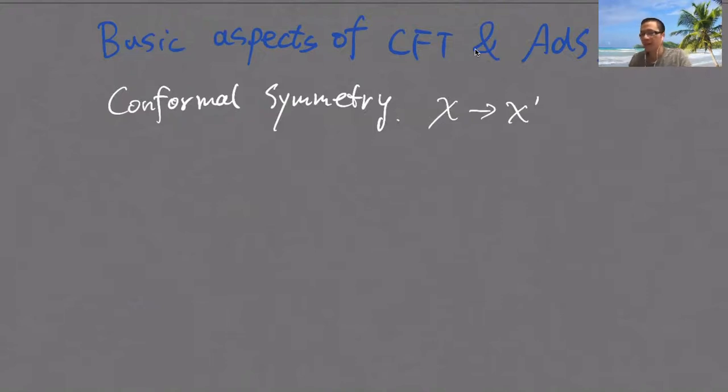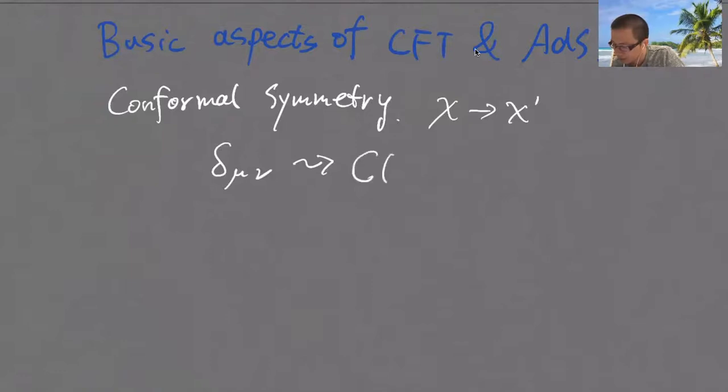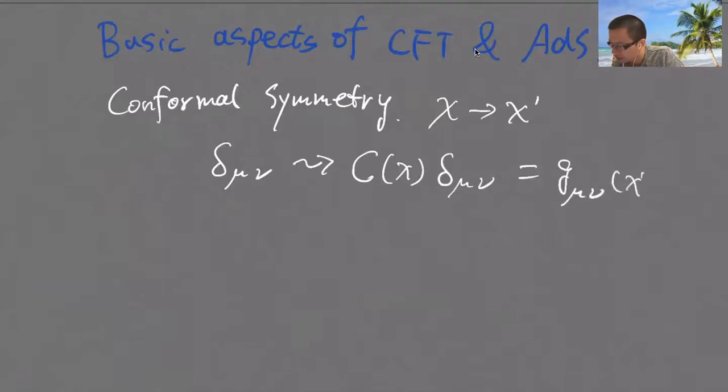We will consider the conformal field theory on a Euclidean flat space. So what it does is that it changes the original metric, which is Euclidean, delta_{μν}, to a new metric, which is an overall factor times the original metric, g_{μν}(x').